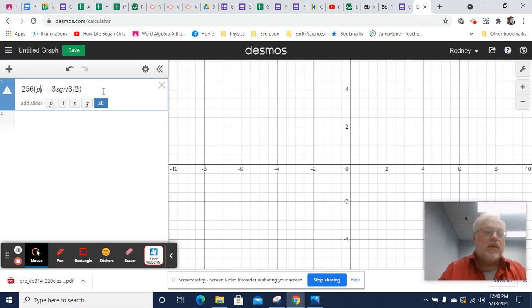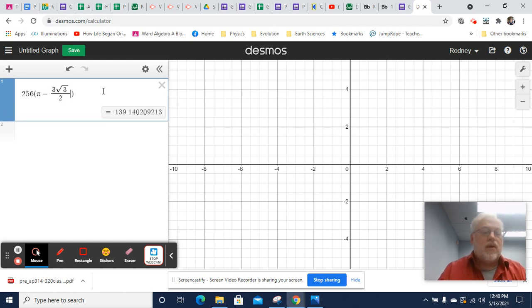So let me make Desmos happy: pi, and square root 3, over 2.